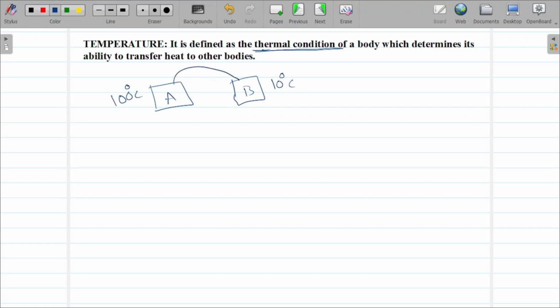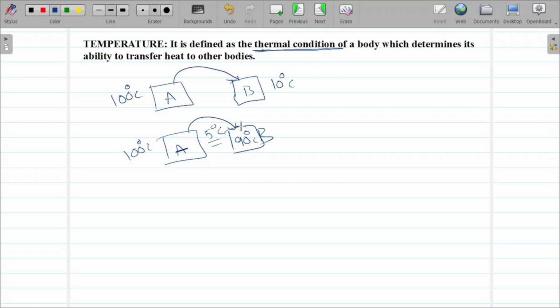If you place both near each other or in contact, more energy will be transferred. Now if object A is at 100 degrees Celsius but B is at 90 degrees Celsius, how much energy will be transferred? Just 5 degrees Celsius worth of temperature will be transferred.